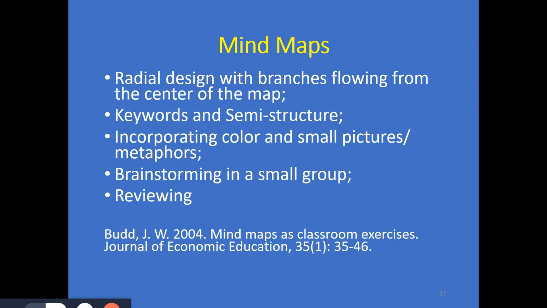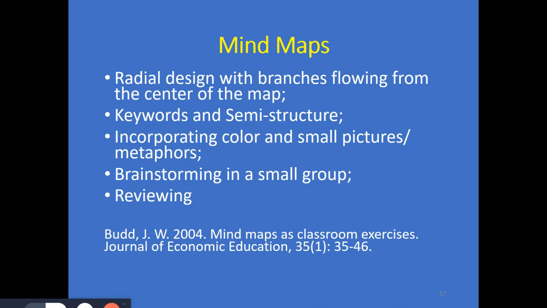So encourage students to use keywords, not a formal structure but a semi-structure, to describe the phenomenon, the case, or the key concept. You can also incorporate color and small pictures together, and use metaphors.